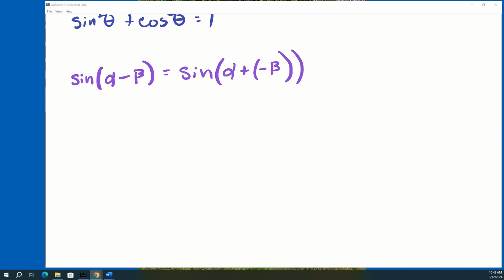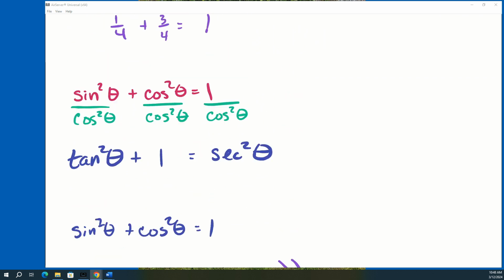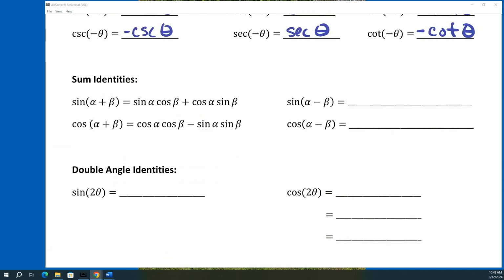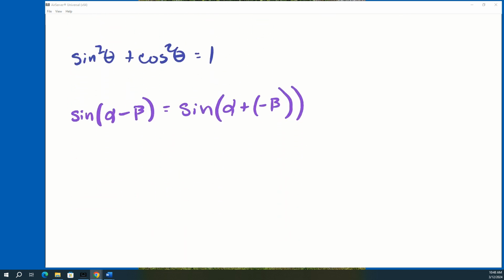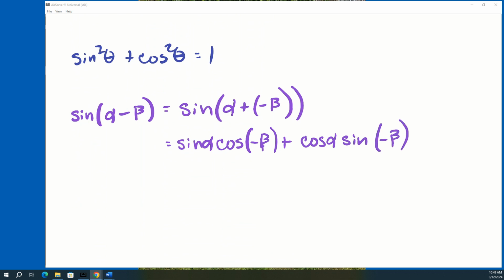So we'll take that identity, and then we're going to leave alpha alpha, but we're going to change beta to negative beta. All right, so all I did was take that identity and I just wrote it with beta changed to negative beta.